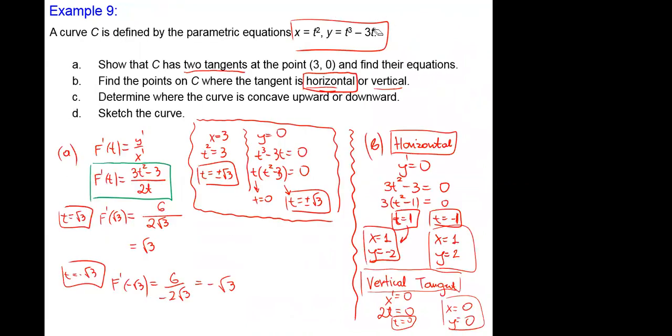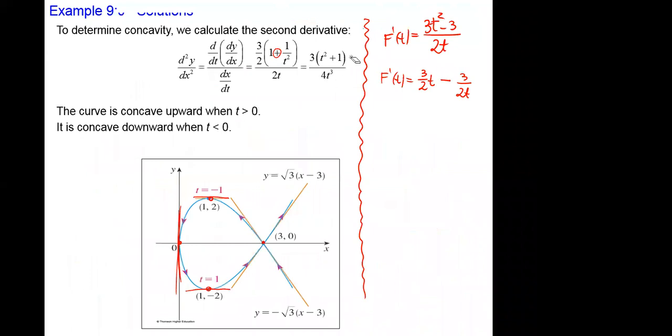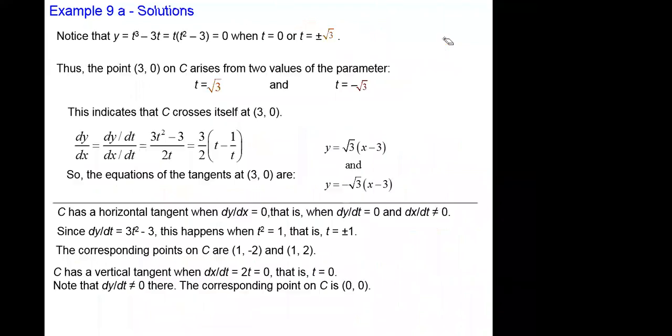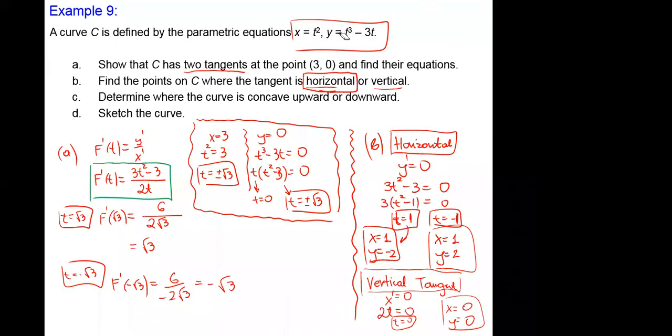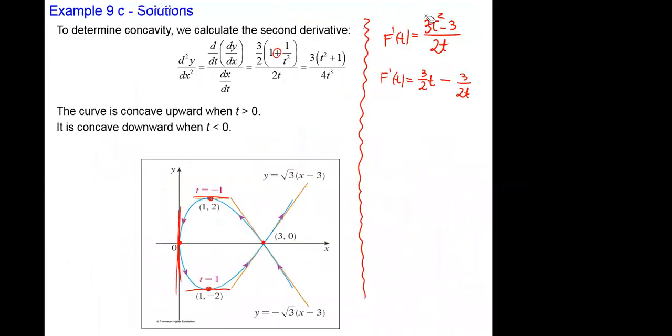Let's check. I just divide like that: 3t squared over 2t will be 3/2 t, and this will be negative 3 over 2t.